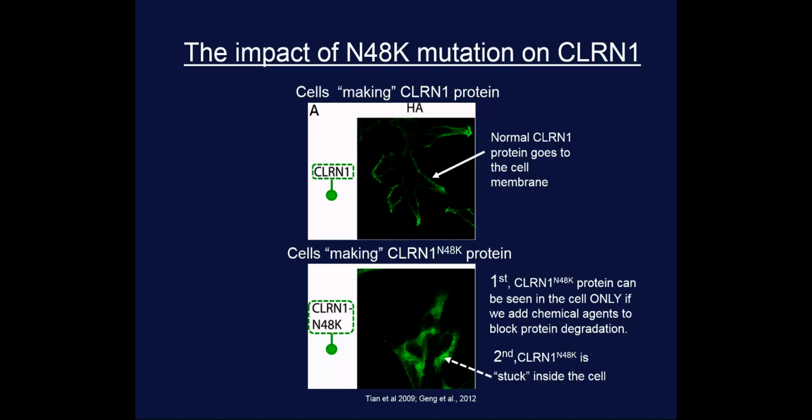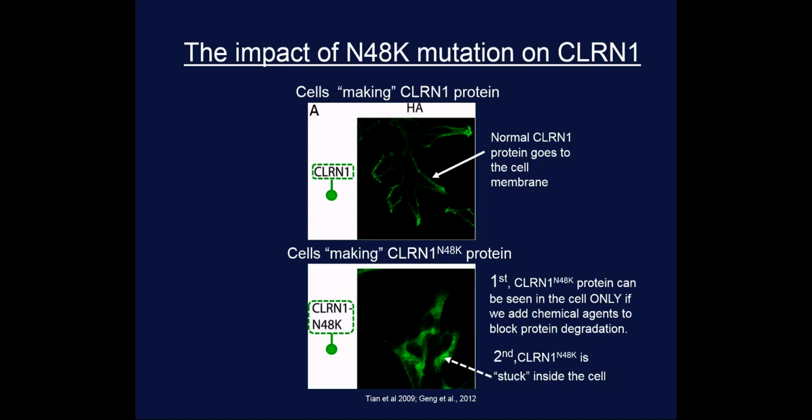The proteins do not have any fluorescence of their own, so fusing it with the reporter is a standard laboratory technique. The top panel shows the normal Clrn1 protein locates or goes to the cell membrane. The bottom panel shows a similar experimental condition where the Clrn1 N48K protein fused to GFP is expressed and observed.